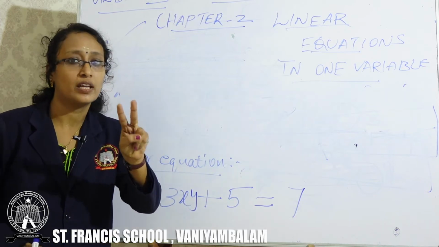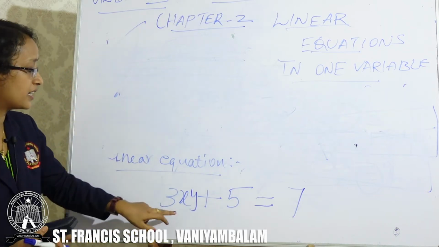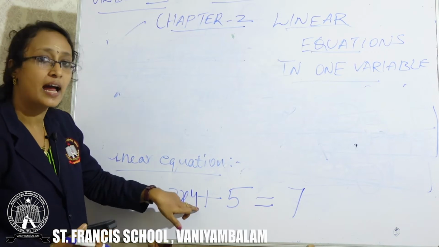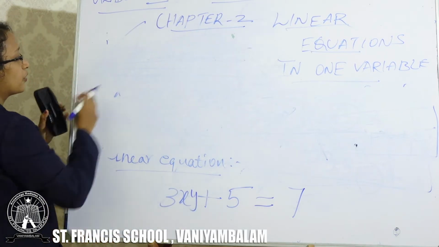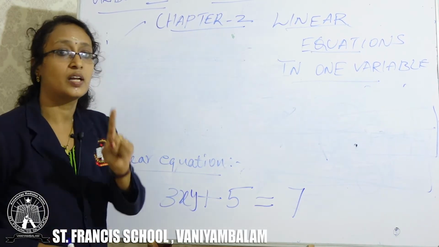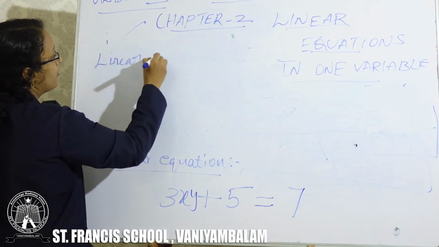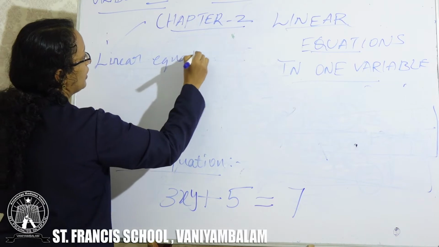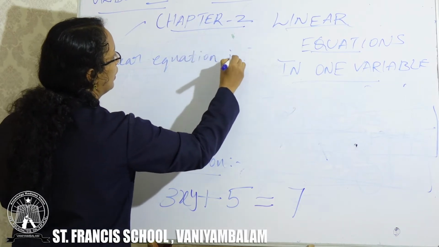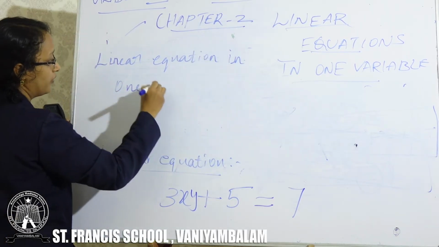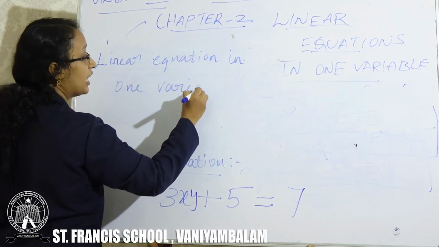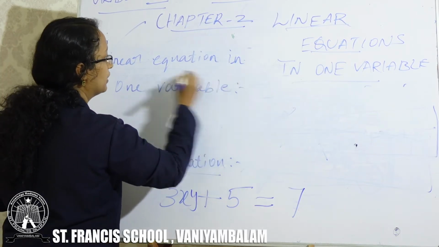You have 2 variables in this equation. Am I right? Yes. What are the variables? x and y. Now, we are going to study linear equation in one variable. So, what is a linear equation in one variable? The chapter name, linear equation in one variable.